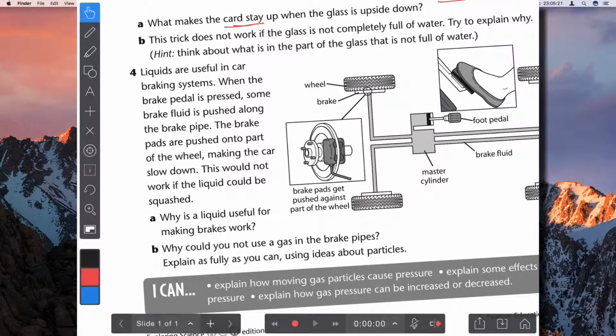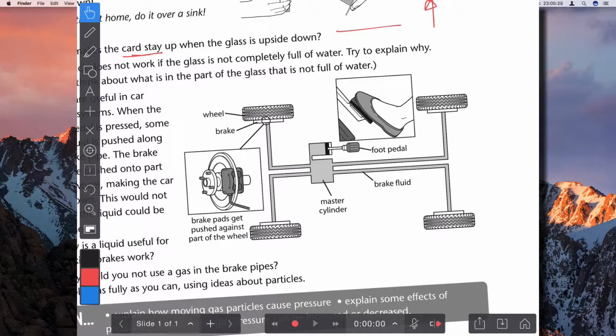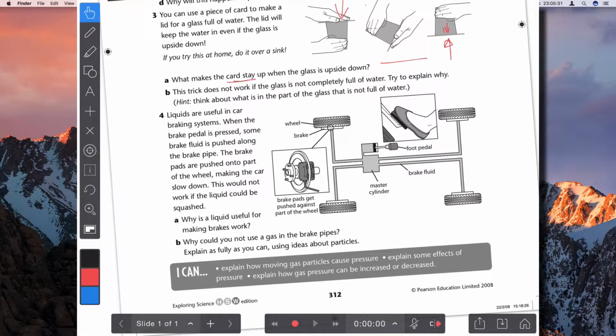Liquids are useful in car braking systems. When the brake pedal is pressed, some brake fluid is pushed along the brake pipe. The brake pads are pushed onto part of the wheel, making the car slow down.